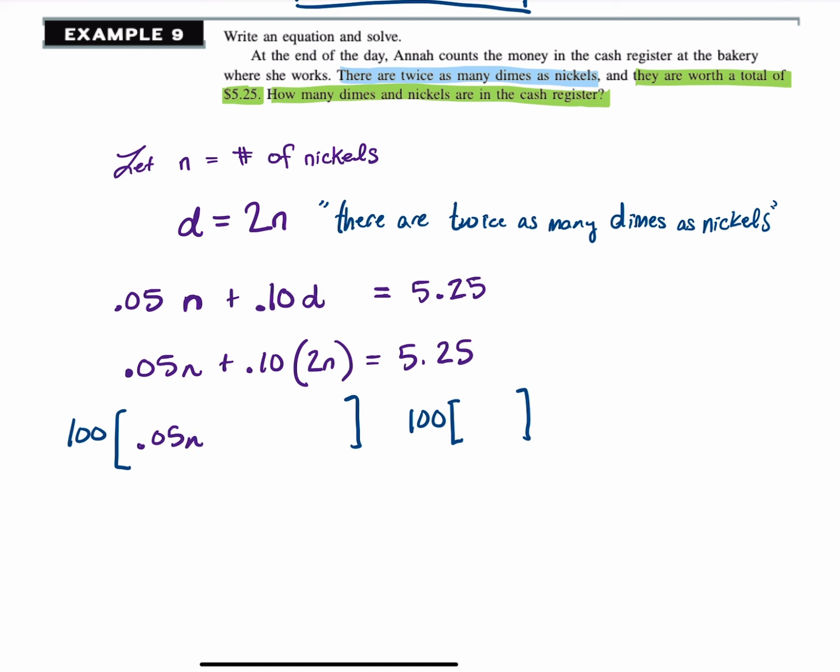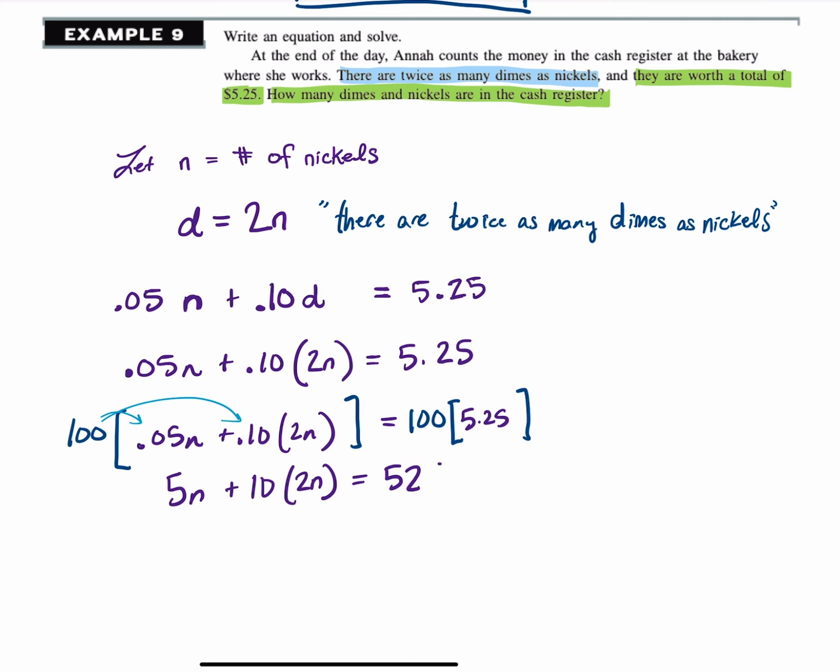So the 100 will distribute, and it's going to move the decimal places 2 places to the right. 0.05 times 100 will just be 5, so we get 5n. 0.10 times 100 is 10, times 2n equals, and then this will become 525.